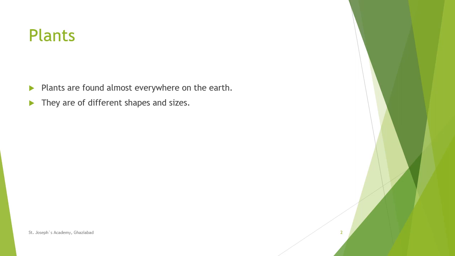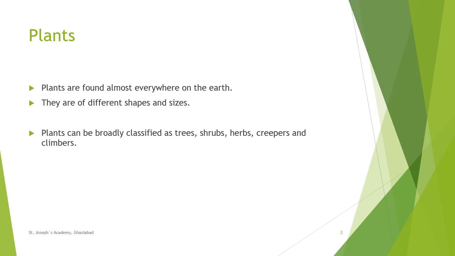Some may be small, some may be big, some may be having big leaves and some may be having short leaves. Plants can be broadly classified as trees, shrubs, herbs, creepers and climbers, which depends on the size and shape.